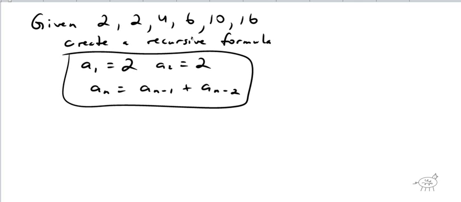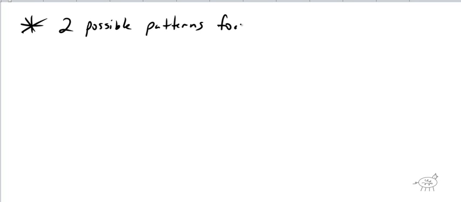All right? So let me just talk about this. I'm going to put a little star here because there are 2 possible patterns for recursive. a sub n is actually pretty easy, right? It's just looking to see if it's arithmetic, finding the value of d, finding a sub 1, and then coming up with the formula. Recursive is a little more challenging, but I'm going to give you two possible patterns.